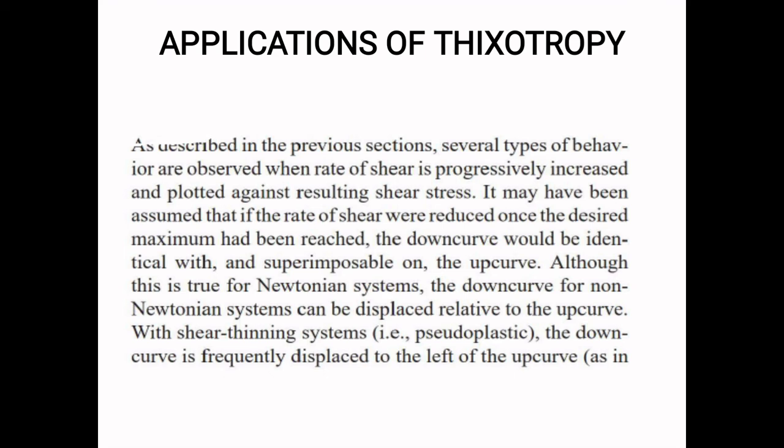It may have been assumed that if the rate of shear were reduced once the desired maximum had been reached, the down curve would be identical with and superimposable on the up curve, although this is true only for a Newtonian system. The down curve for a non-Newtonian system can be displaced relative to the up curve; with shear thinning systems, the down curve is frequently displaced to the left of the up curve.